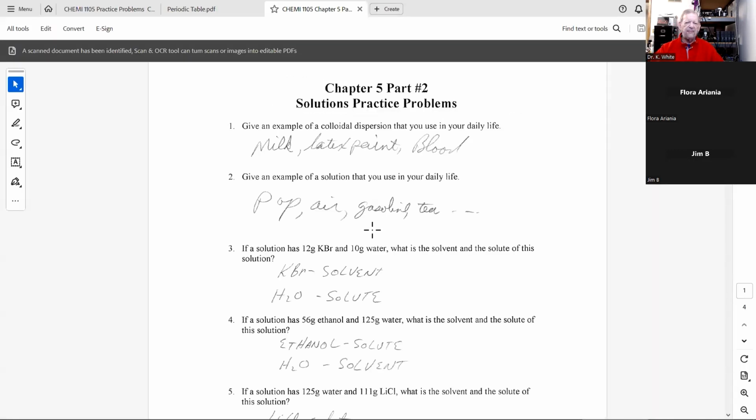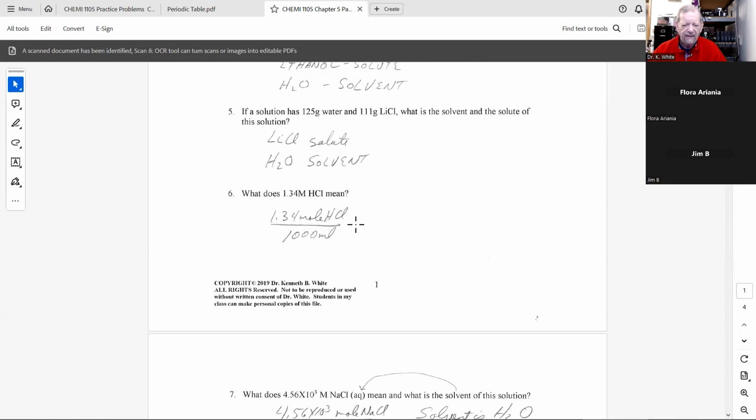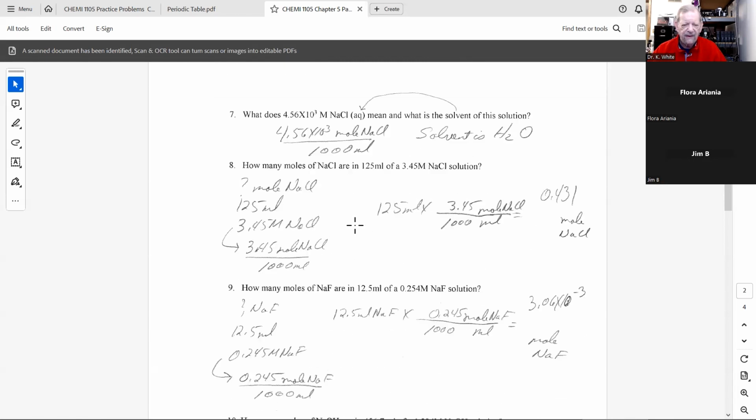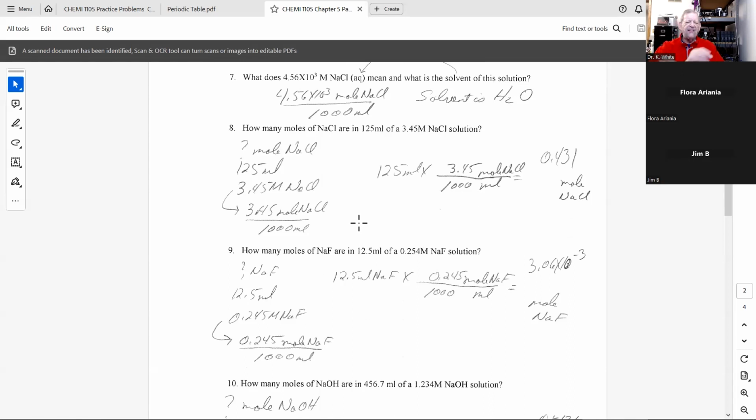And here's chapter 5, part 2, solution practice problem answers. That's in Blackboard. And let's look at number 8. How many moles of NaCl, sodium chloride, are in 125 milliliters of a 3.45 capital M NaCl?